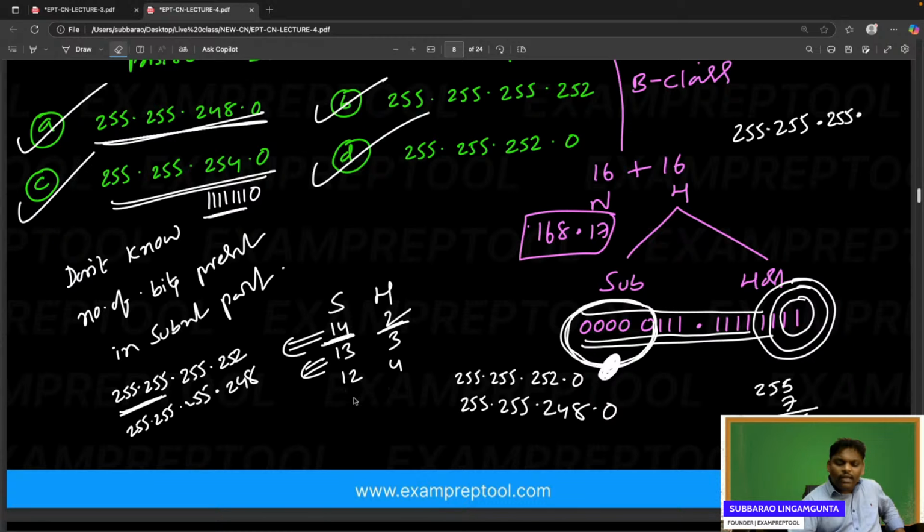The only dilemma here, we don't know how many bits for subnet, how many bits for host, we don't know. So minimum is 5. Minimum 5. 5 and 11, this one, 248. Next one, 6 and 12, this one. I think 252.